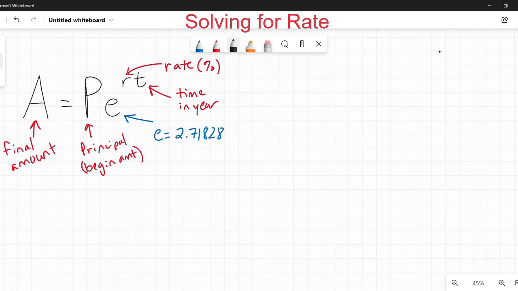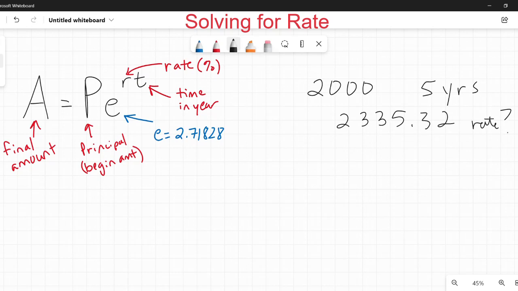So we're told that the principal, the initial amount invested, was $2,000. And after 5 years of things being compounded continuously, the account has $2,335.32. What was the rate? Well, A equals P times e to the power of r times t.